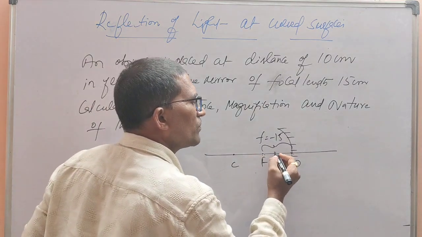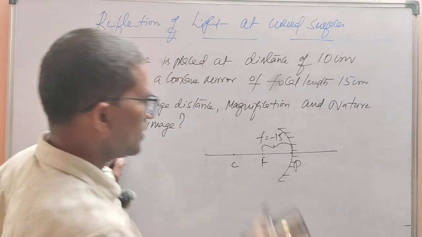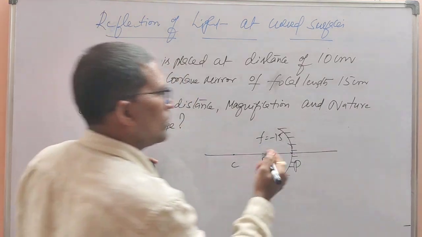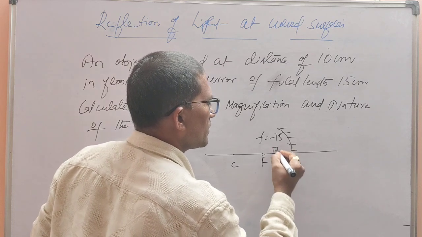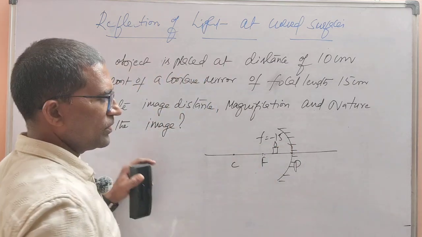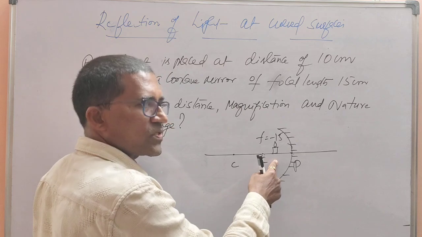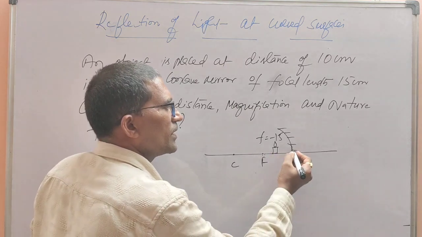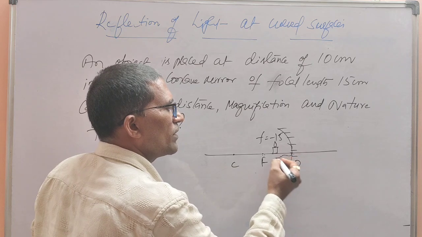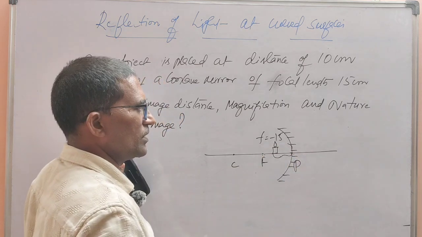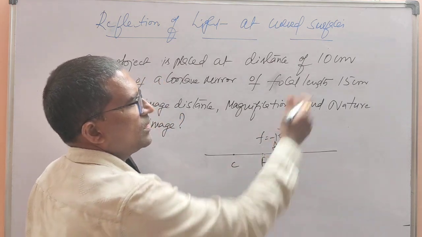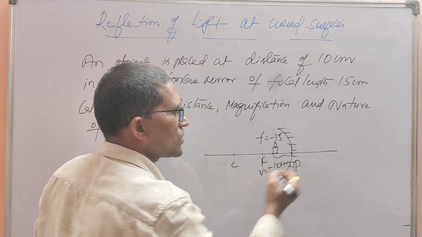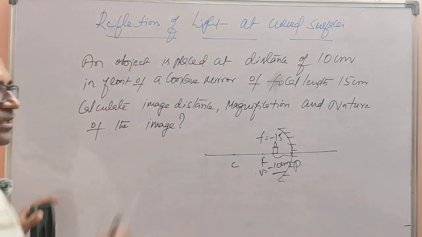I will erase this for better view. Now the object is placed here, like a candle, which is a source of light. The distance is always measured from the pole to the object. Here the distance of the object is 10 centimeter, that is u is equal to minus 10 according to sign conventions.